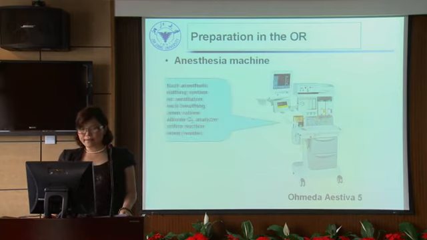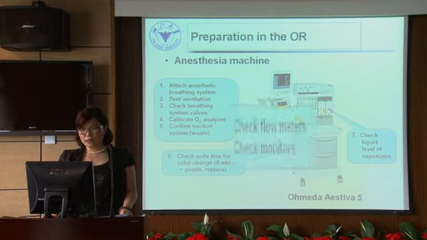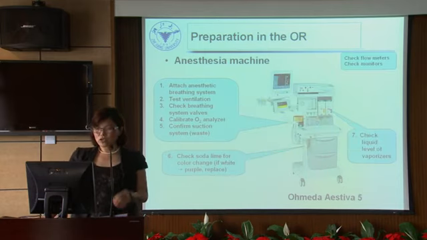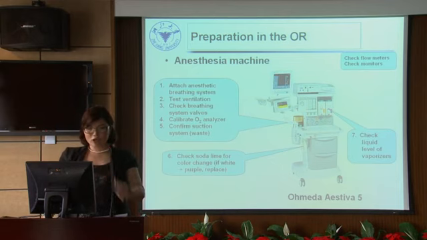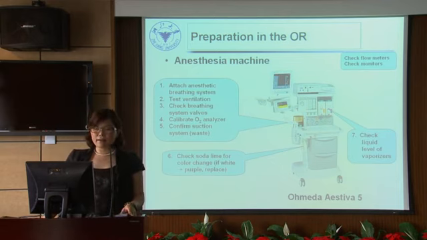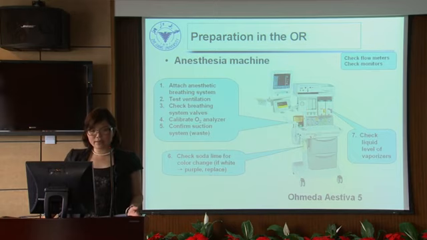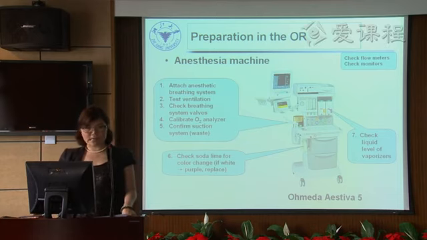This is the anesthesia machine. When we check the anesthesia machine, we should check the anesthetic breathing system, test ventilation, check the breathing system valves, and also calibrate the oxygen analyzer and confirm the suction system. It's very important.